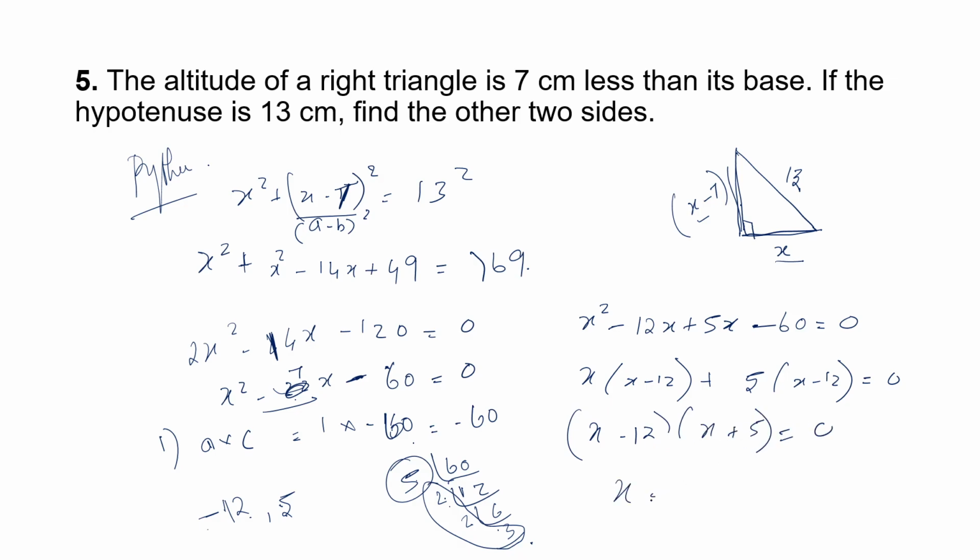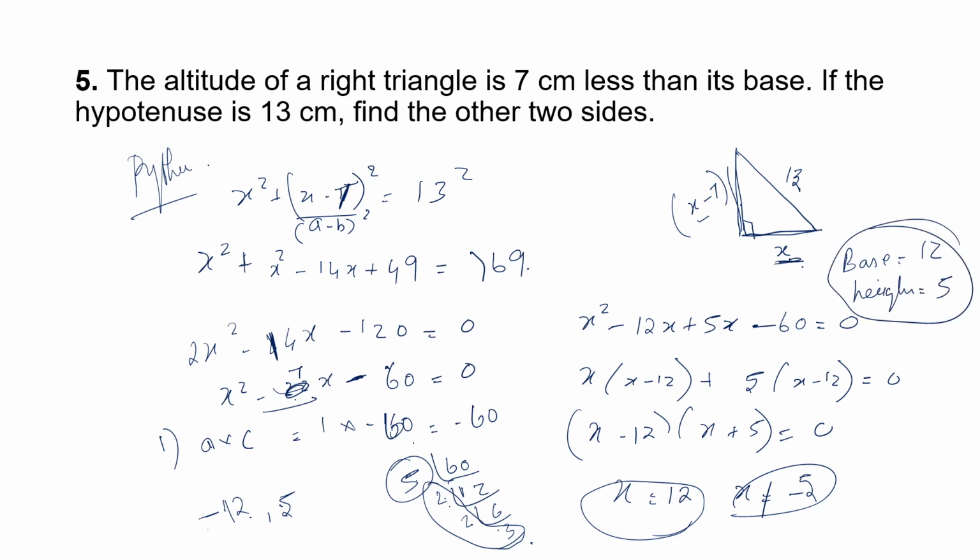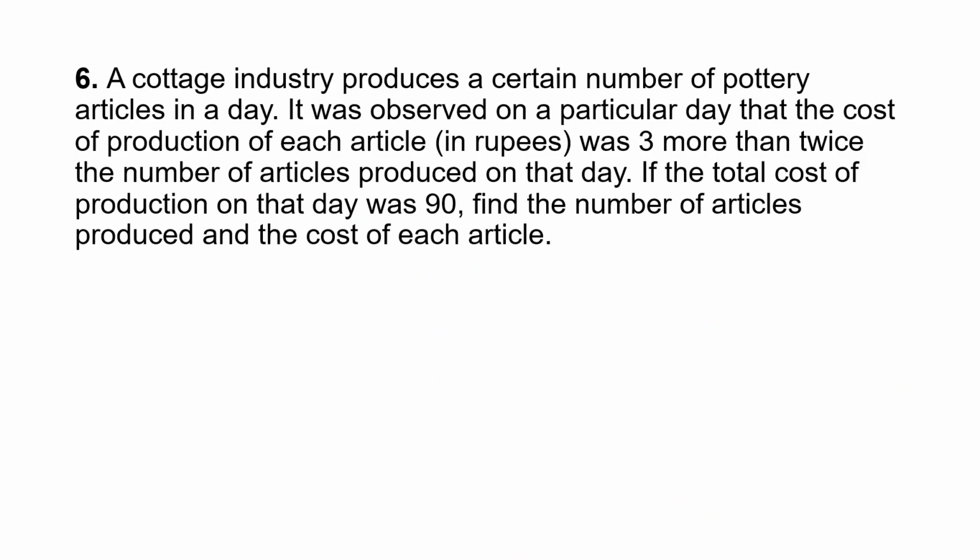So the answers will be x equal to 12 and x is equal to minus 5. See, the base length cannot be minus 5, so it cannot be negative. So the value of x is 12. So base is equal to 12 and height is equal to 12 minus 7, 5. This is the answer, okay.